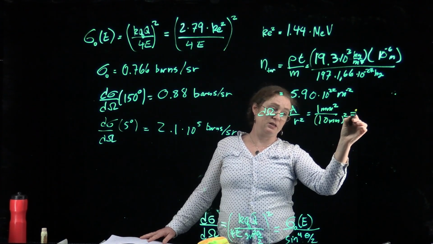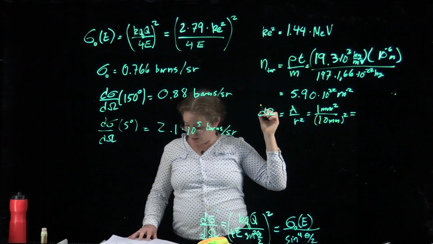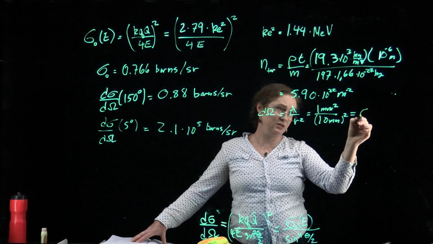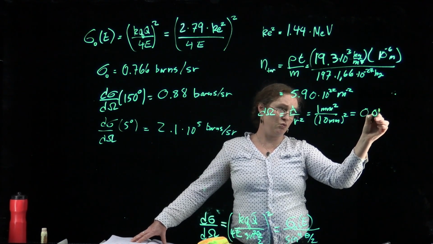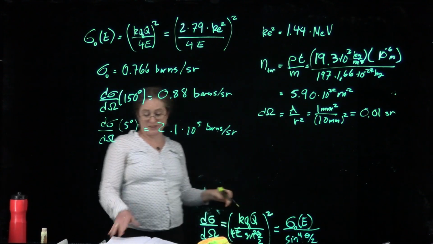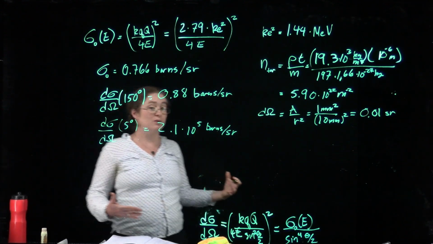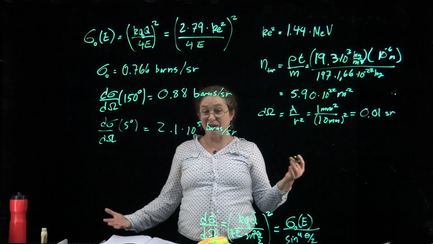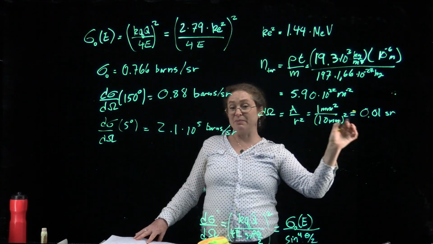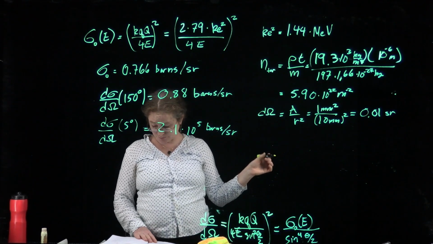So their solid angle, which was subtended, was 0.01 steradians. Remember, the total amount of solid angle, if you were to measure everything, is 4π. So here, they're not measuring very much of the cross-section.